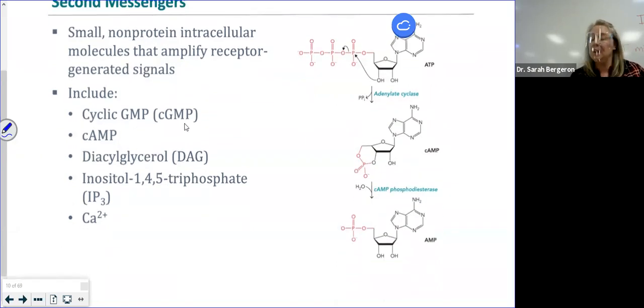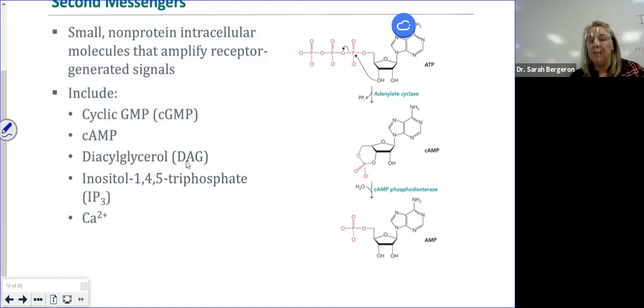We talked about cyclic GMP. Anytime you see that little c, it's saying that it's a cyclic form. So cyclic AMP is the cyclic form of AMP, where you take ATP, hydrolyze the two phosphates off and turn it into a cyclic form.